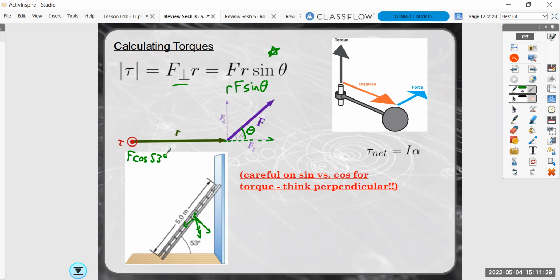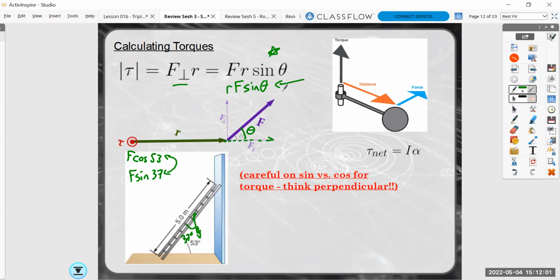Or, if I don't want to do that, I need to look at the angle here, which is not 53 degrees, but is in fact, what, 37 degrees? And wouldn't you know it, the sine of 37 degrees turns out to be the same as the cosine of 53 degrees to give you the same answer. So just please be careful that the angle that you're using here is the angle that's intended.